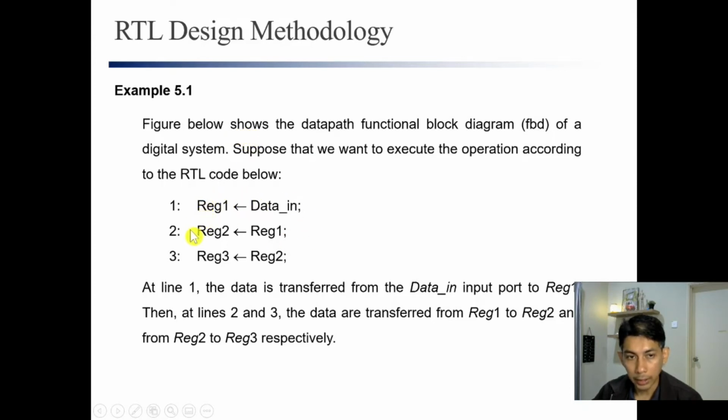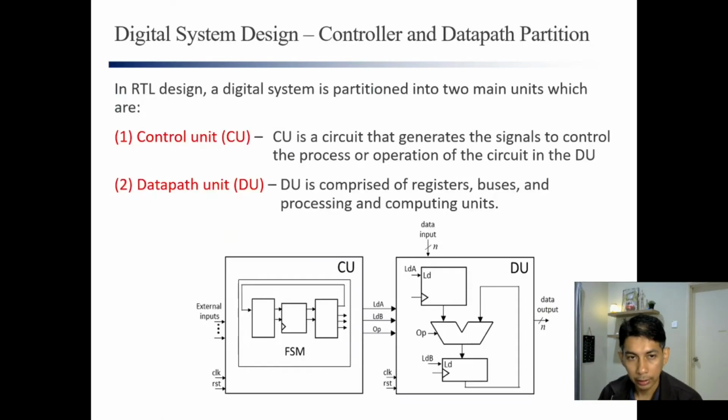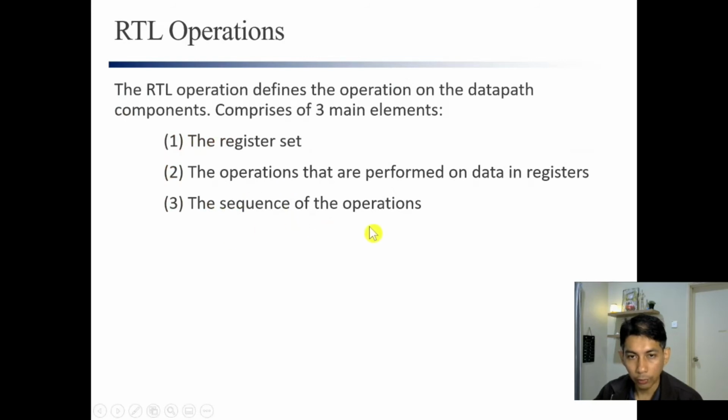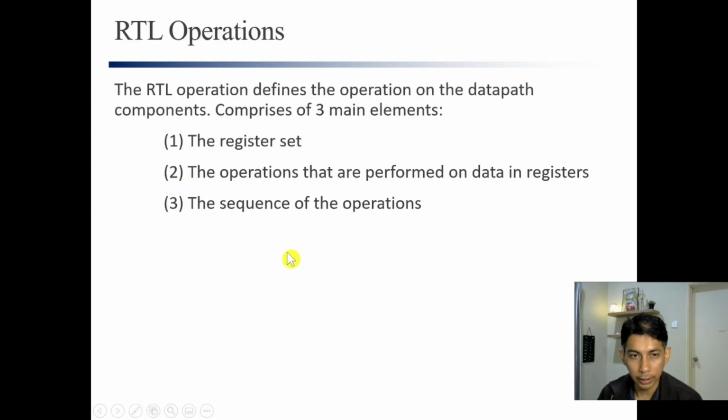You can see that it is in sequence, just like we look at here, the sequence of operation. And we have all of these elements: the register set, the operation that performs on the data, and the sequence.